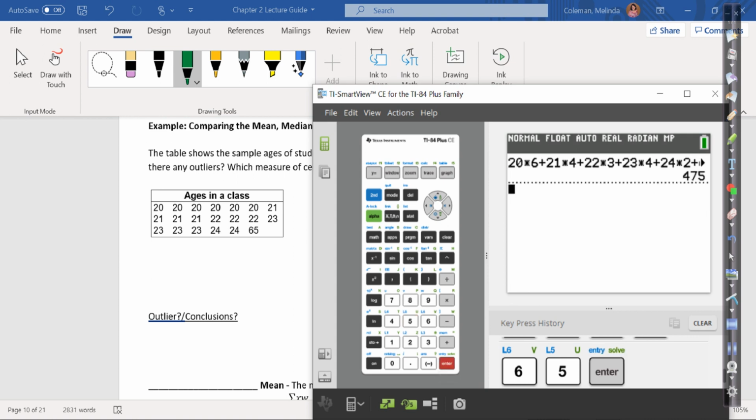Hit enter for sure before we do the division. So there are in here 20 entries. So I'm going to divide by 20.